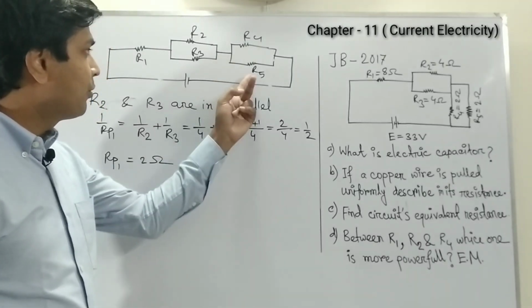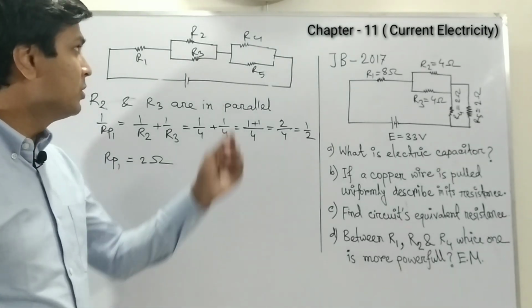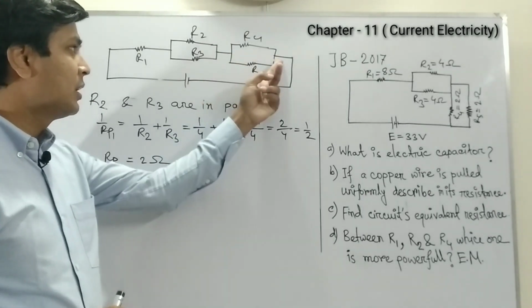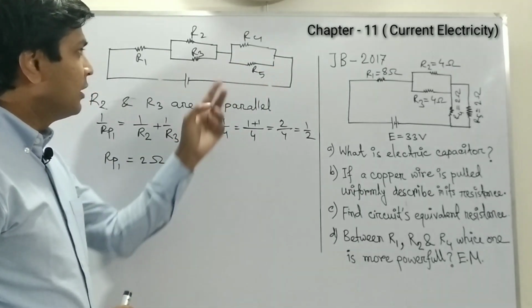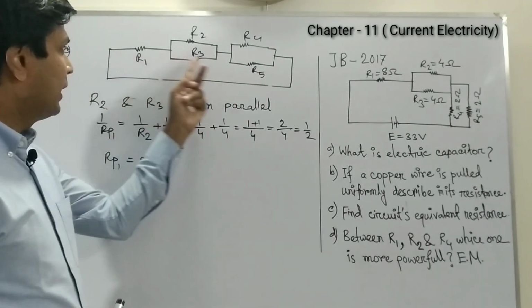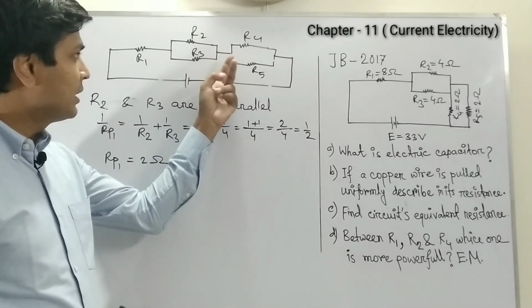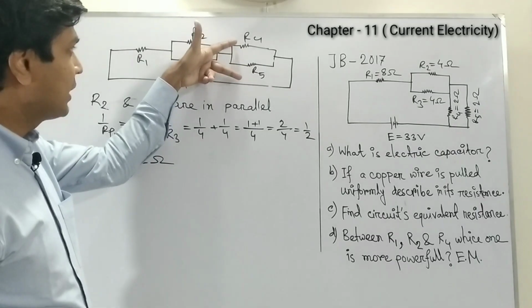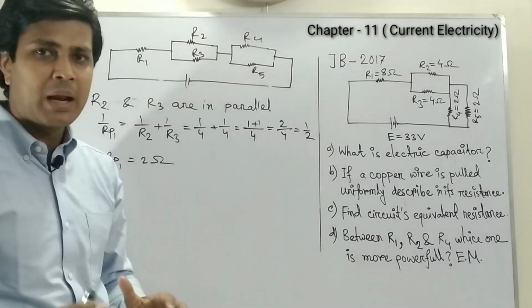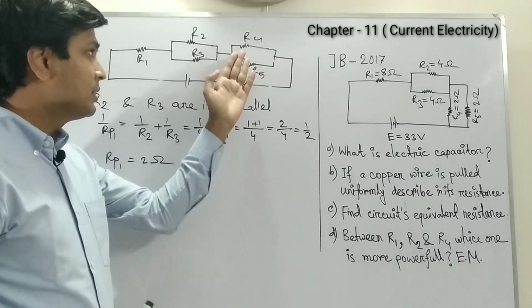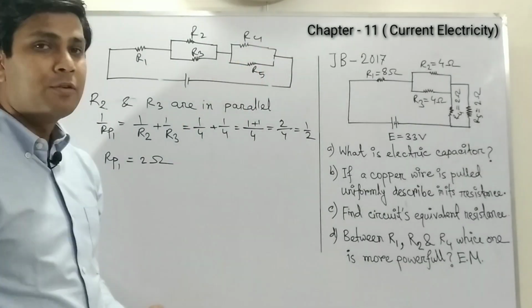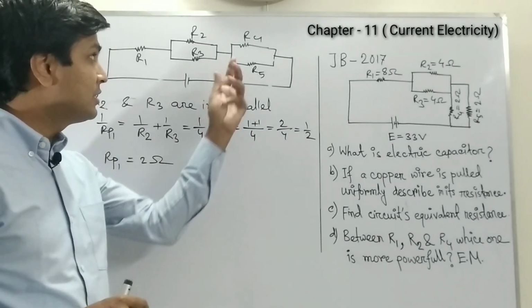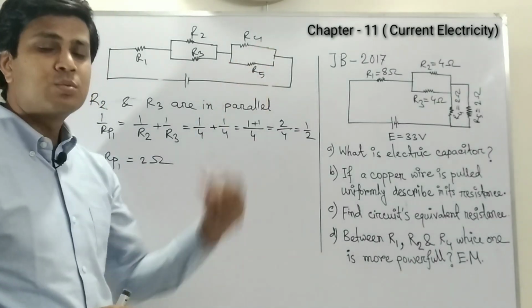Similarly, R4 and R5 are in parallel because R4 and R5 have two common terminals, and when the current comes to that point, it gets two ways to flow. So R4 and R5 are in parallel, and if the values of R4 and R5 are equal, that means 2 ohm, then the equivalent resistance of those two will be half.